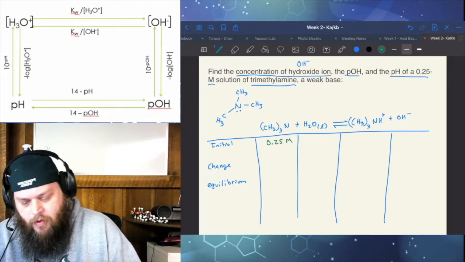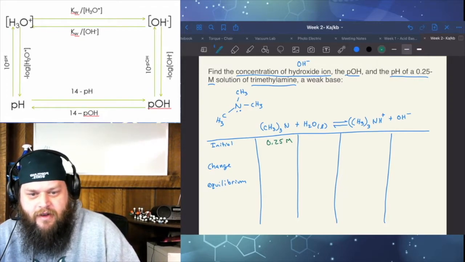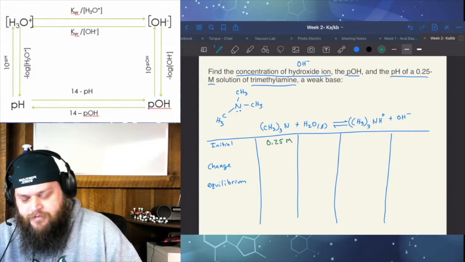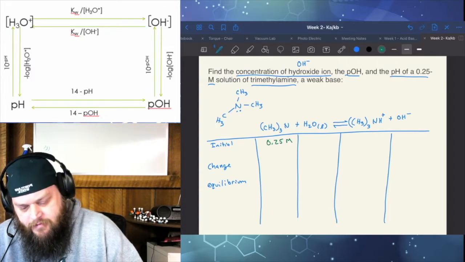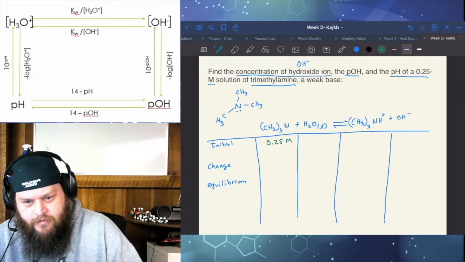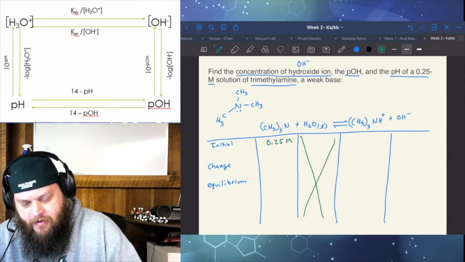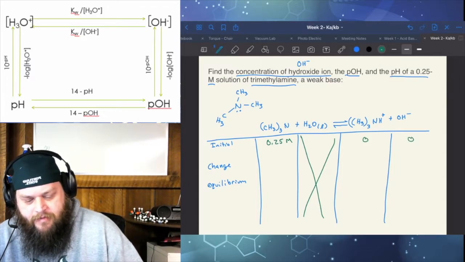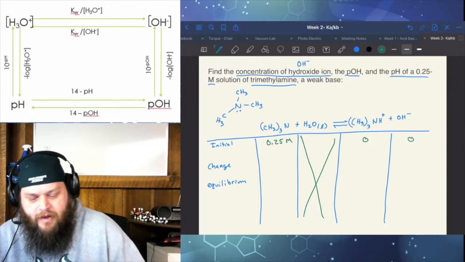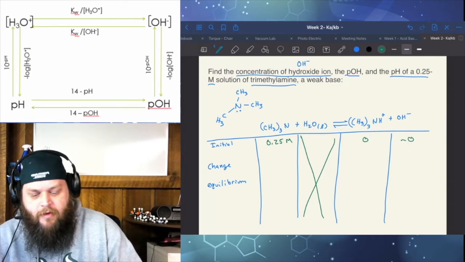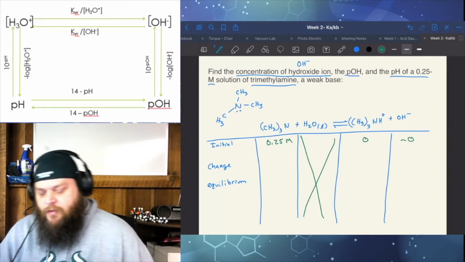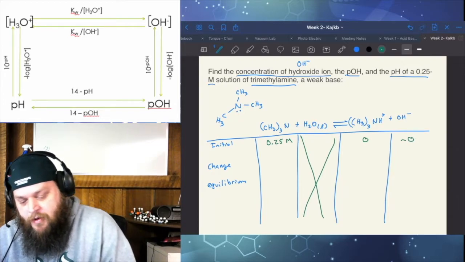How about for our water? What's our initial concentration there? None. We don't care about water. Exactly. And then our initial concentration for the other two is going to be 0 and 0, because that reaction really hasn't happened yet. And this is still approximately 0 because it's really 10 to the negative 7, and we don't care about it because it's too small compared to our molarity.